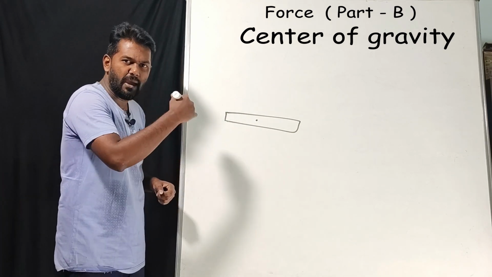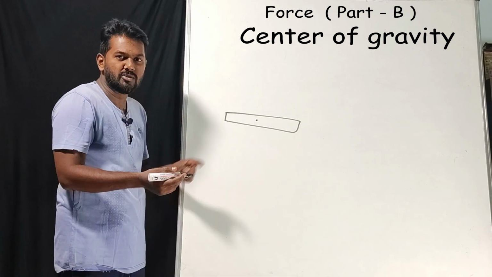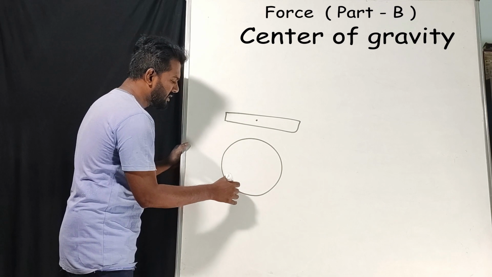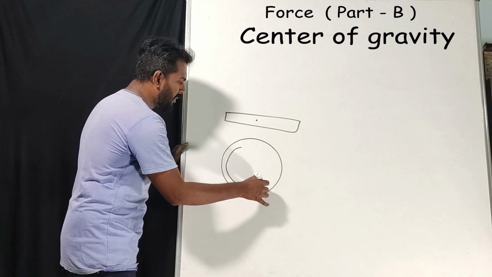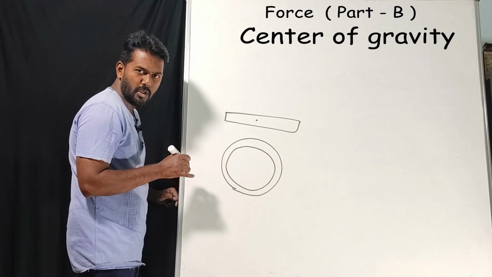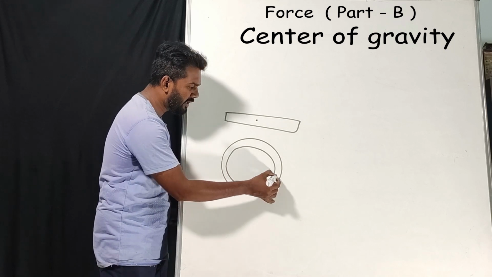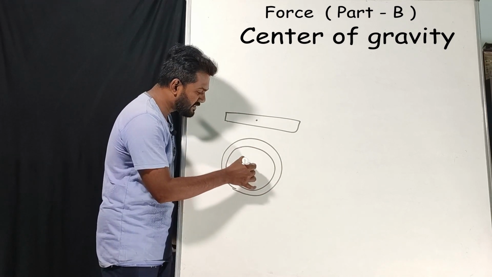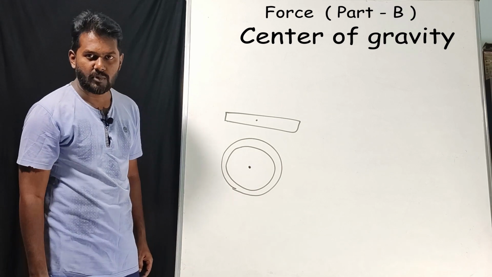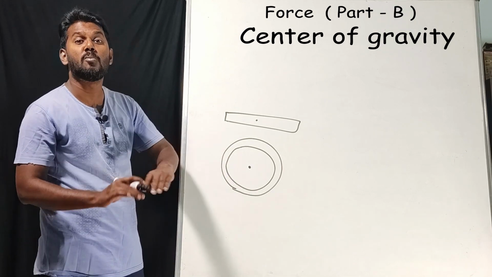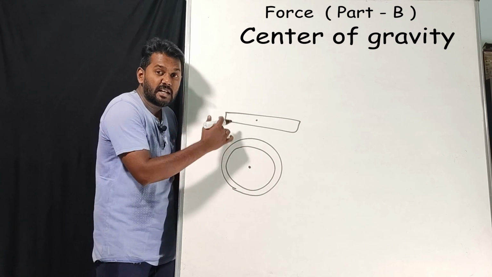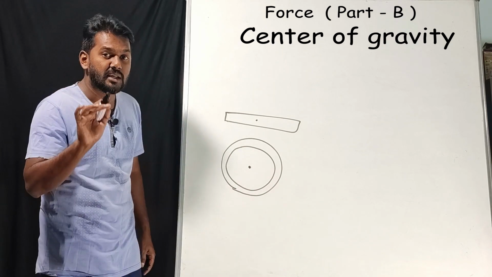Now, if I make a circular loop using the same wire, the center of gravity will not be here, here, here or here. It will be exactly at the center, somewhere here where there is no mass. So this suggests center of gravity depends upon shape.